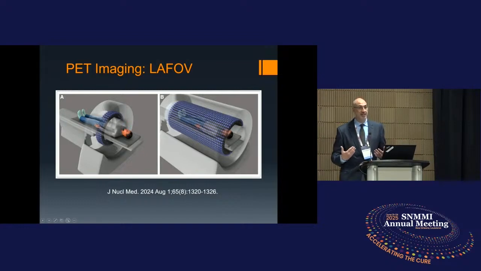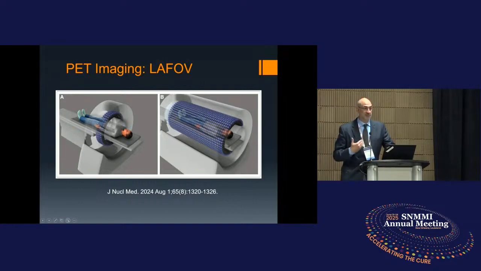We work in a capitalist society, so we can't make huge scanners that cost a huge amount of money unless we can justify how they work. But what we've discovered is that by making these scanners longer, instead of a gurney that might be 20 centimeters, a little short of 2 feet long, we now make them very long. These are more expensive scanners, but we can see things better, and we can also scan people faster. And that's the latest technology that's happening.